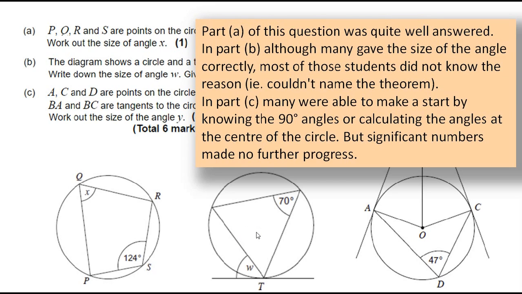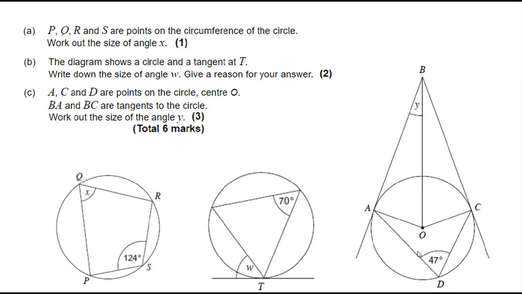So part B, we need to remember we've got to give the theorem to get the full marks. In part C, many were able to make a start by knowing the 90-degree angles or by calculating the angles at the centre of the circle, but significant numbers made no further progress. All right, so part C was a bit tricky. Let's have a look then at how we answer each one of these and go through them in turn.